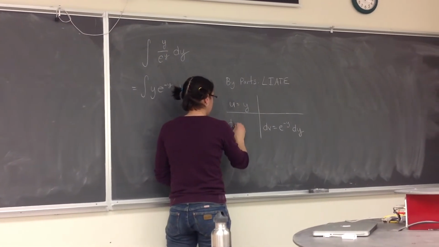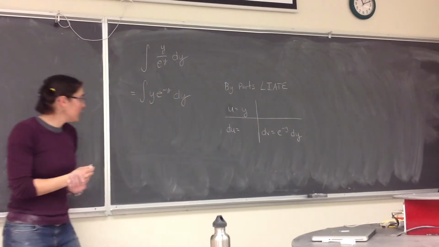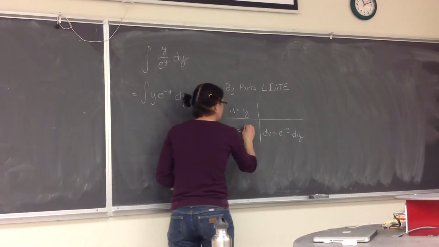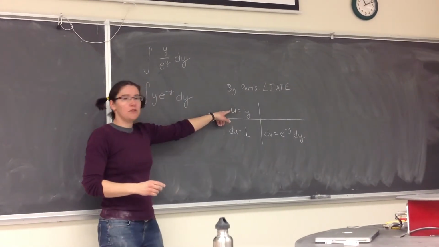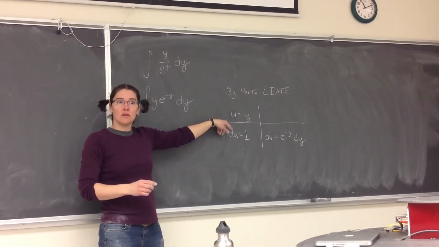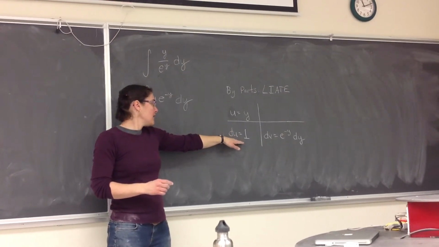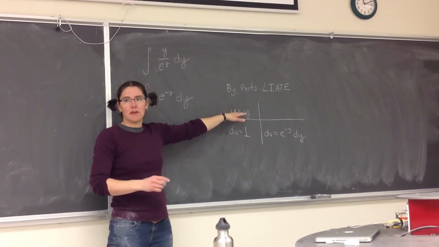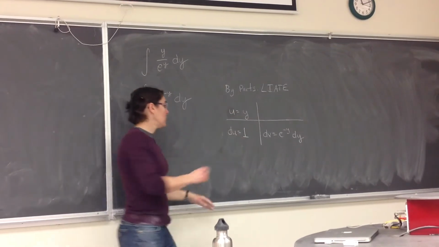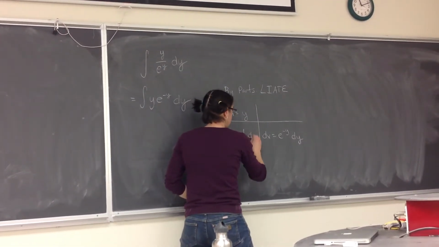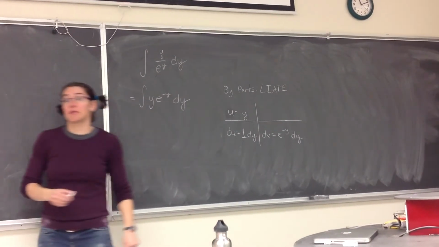All right, so our derivative of y is 1. Our derivative of u is du dy. So when I take my derivative here, because our independent variable is y in this case, we are thinking of du is equal to 1 dy rather than 1 dx.